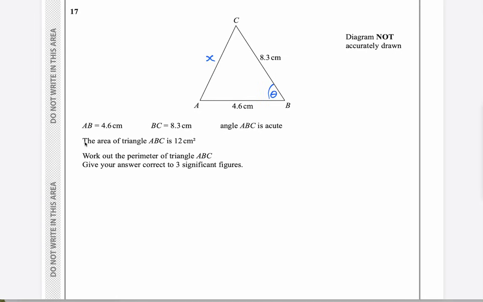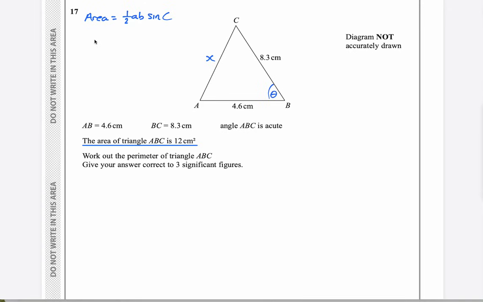I don't have this angle, but they give me some information. The area of the triangle is 12. So this is obviously an important piece of information that we will use. Now, the area formula, area equals a half ab sine C. This is in the formula booklet. And forget the A, B, and C of this particular triangle, guys.